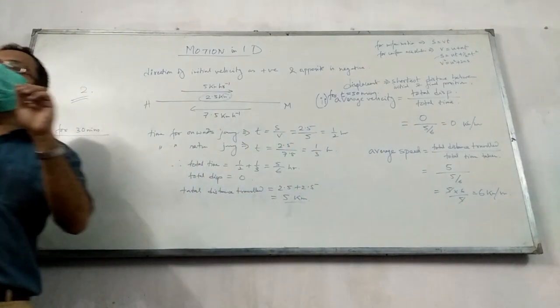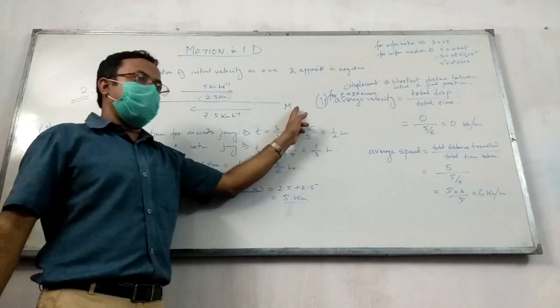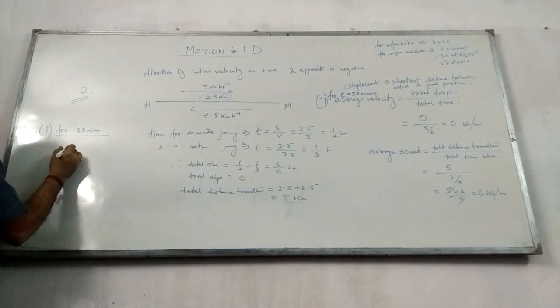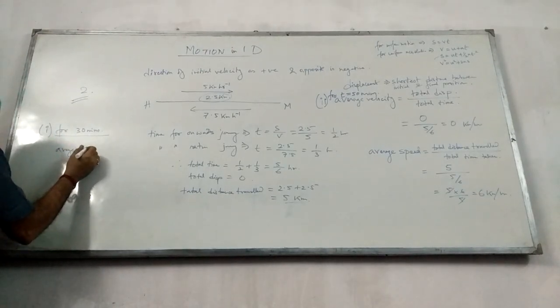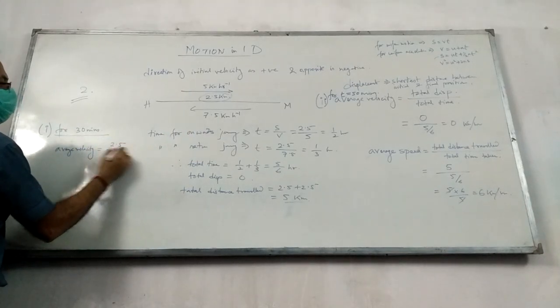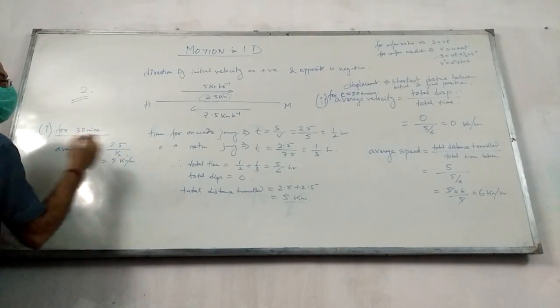So at 30 minutes what was his location? At the market. So when 30 minutes is taken into consideration, average velocity will be displacement by time, that is 2.5 by half, which is 5 kilometer per hour.